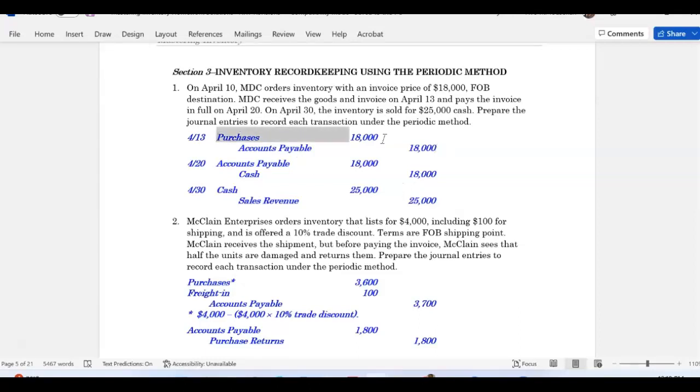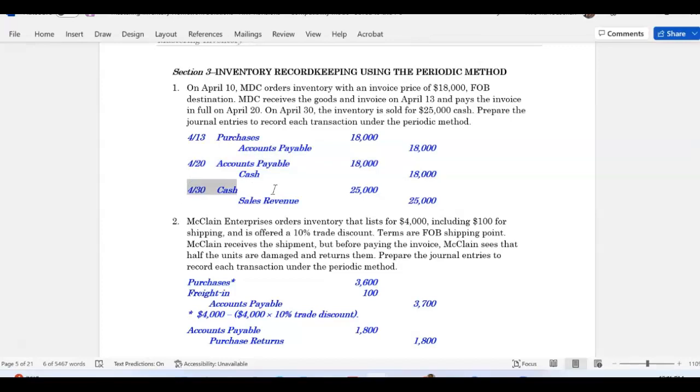So one more time, when you buy it, you recognize the purchase. Purchases will be debited, accounts payable will be credited. When you pay for it, then accounts payable will be debited to close the liability, and cash will be credited to show the payment that has been made. Any moment you sell it, you just recognize a debit to cash, or accounts receivable if it sells on account.